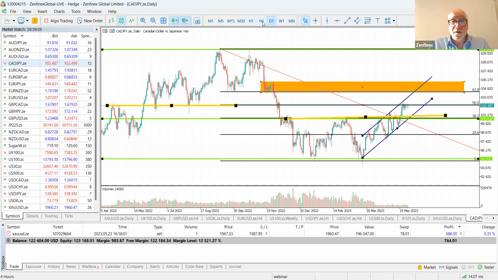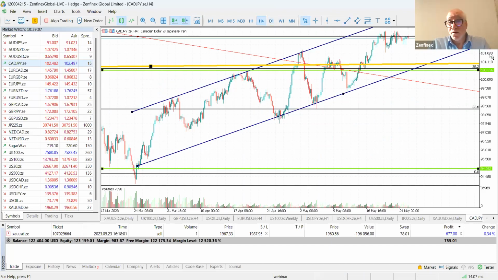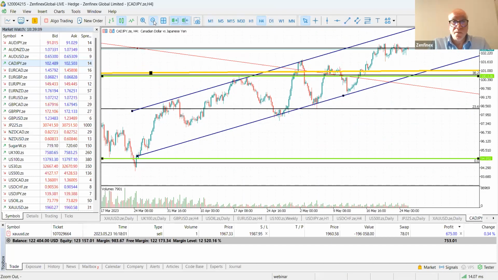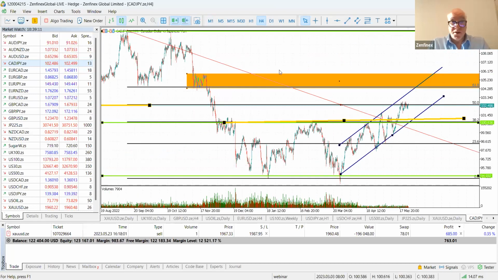So let's drill down a little bit deeper into the 4-hourly. Here we can see the daily consolidation area, which I think prices are probably going to come and find either resistance or some consolidation at this level here. This sharp move up indicates strength.